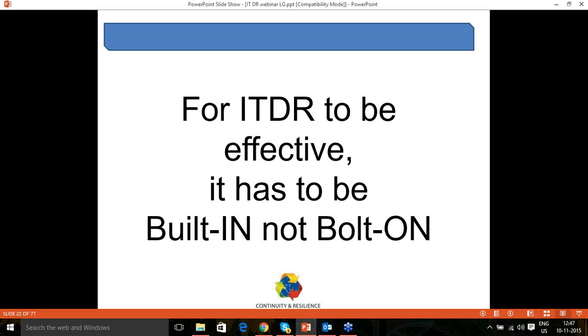Start thinking of disaster recovery from the time you start your business, from the inception. DR steps should be part of your process. They should be so much a part of your processes that they go into the psyche of your employees, so that when a disaster strikes, they are not doing something new. They would be doing something they have been doing for long and know how to do. That's the only way to have an effective ITDR in place.